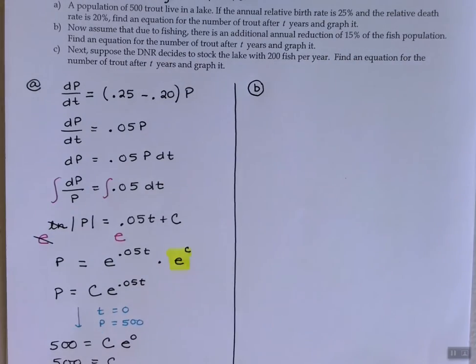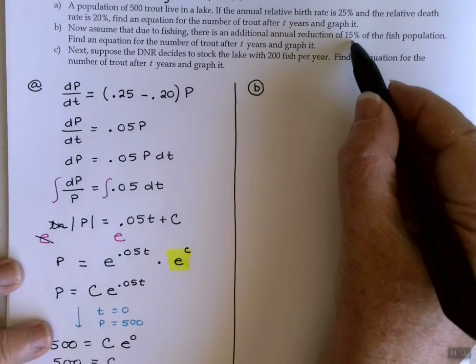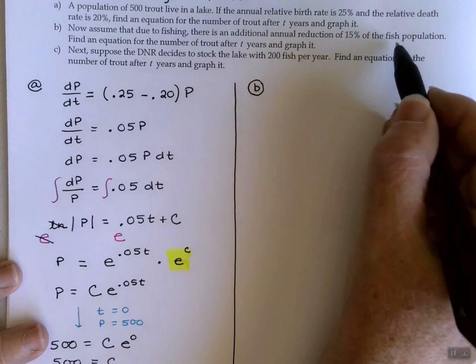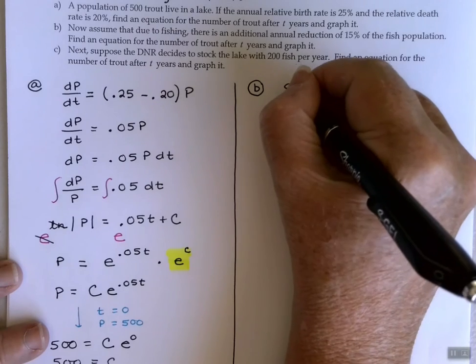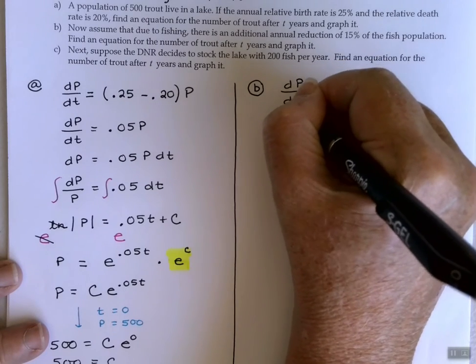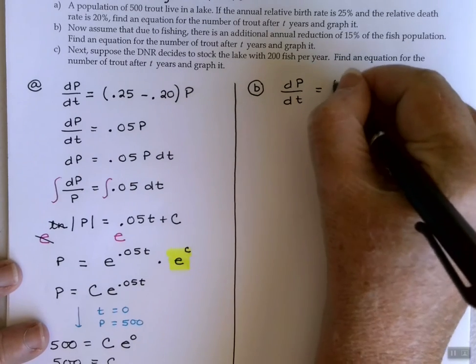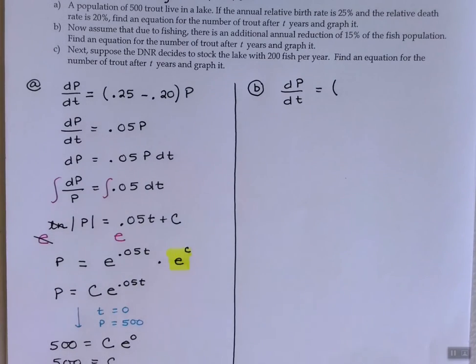Okay, we are now going to assume that due to fishing, there is an additional annual reduction of 15% of the fish population. Now I'd like to find an equation for the number of trout after T years and graph it. So, my rate of change is my rate of change from before, right?